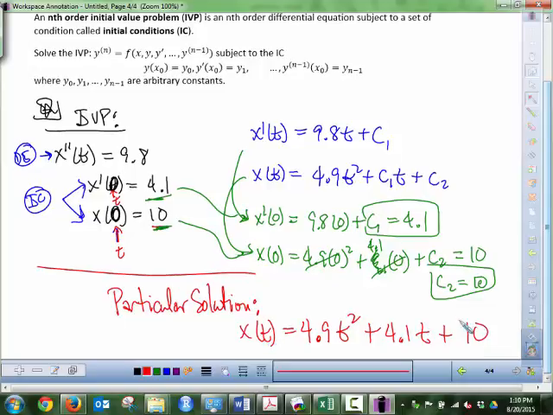So here is our particular solution now. It's a solution that should work with this differential equation. If we were to take the derivative twice, we should get 9.8. And it has no more arbitrary constants because we were able to solve for those arbitrary constants. Okay? Okay, questions?